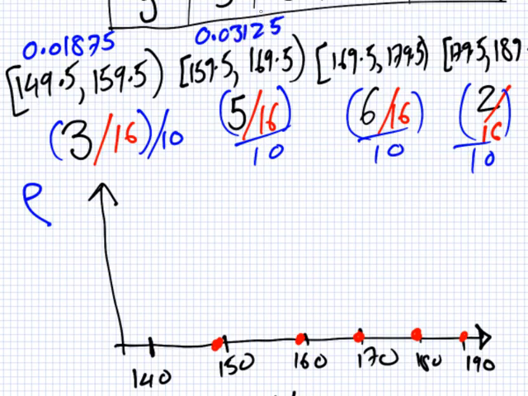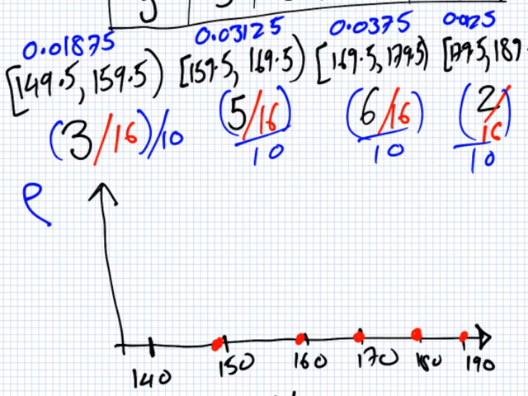The next one? 0.0375. And then the next one? 0.0125. Now these are what you use as the height.